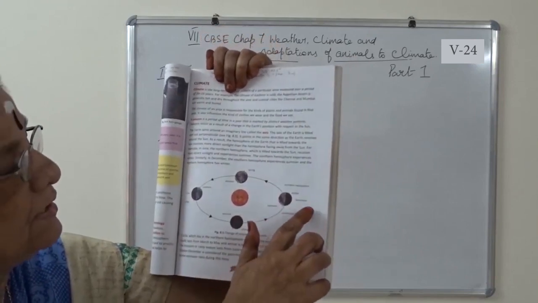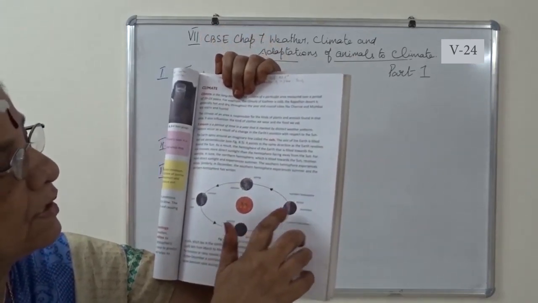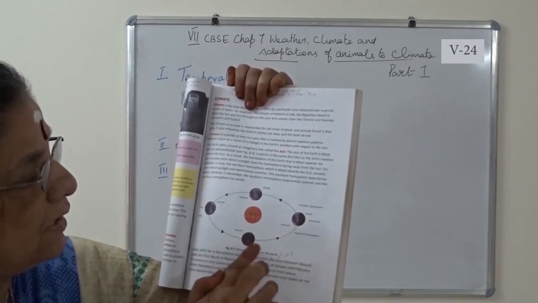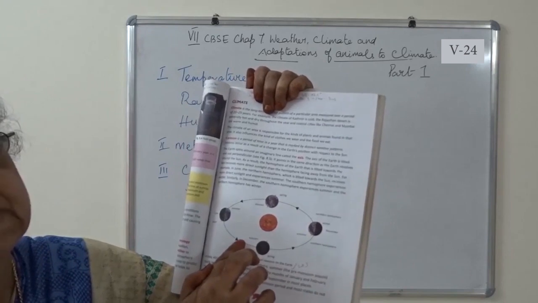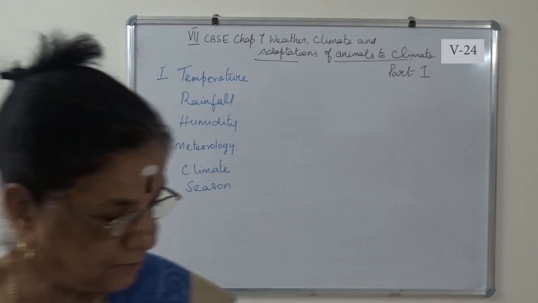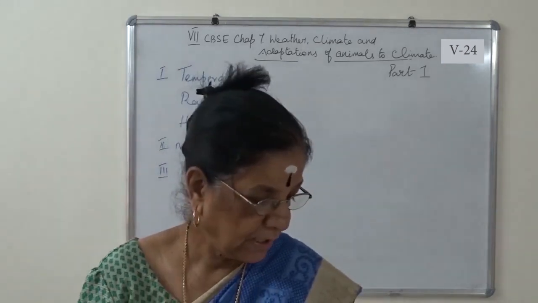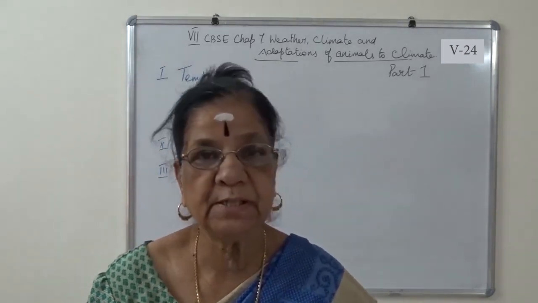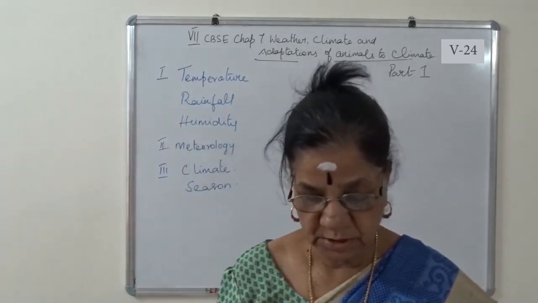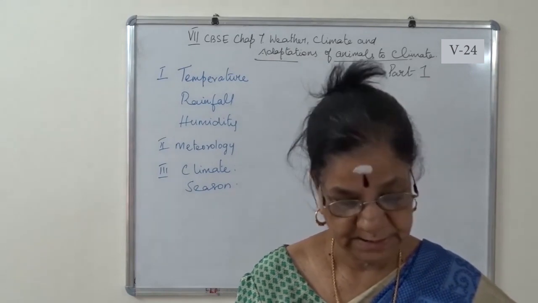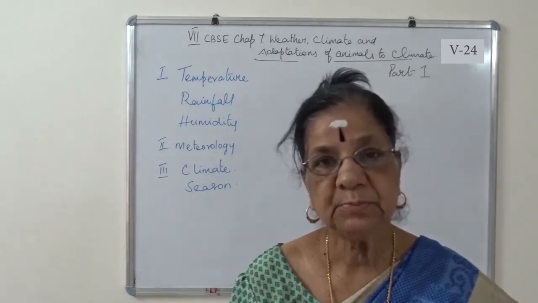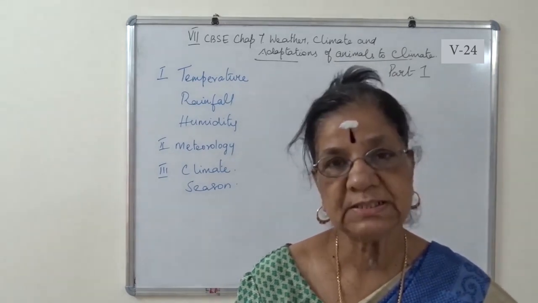In the same way, in December, summer and winter, and in the southern hemisphere, spring and autumn seasons. Climatic changes happen like this. So a season is a period of time in a year marked by distinct weather pattern, and it occurs as a result of change in earth's position with respect to the sun.